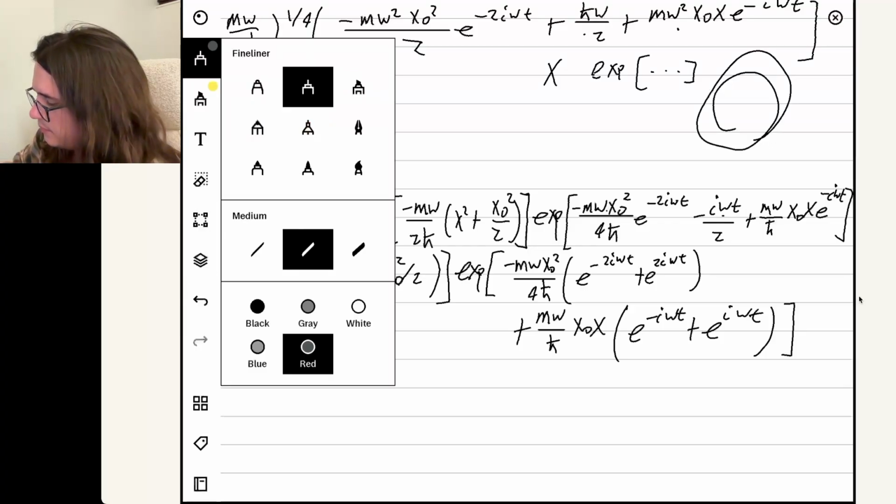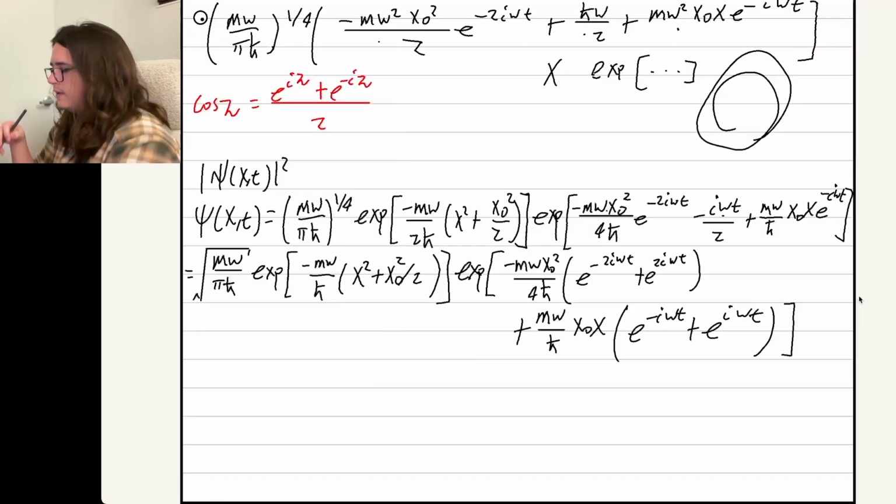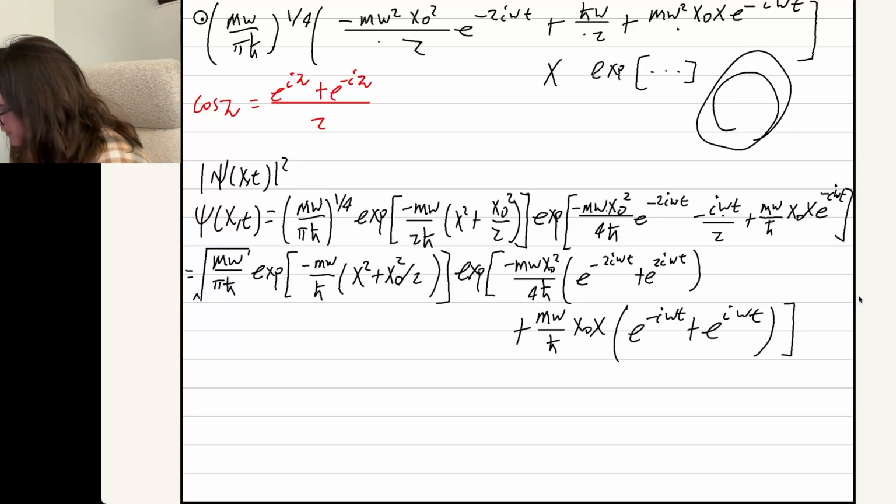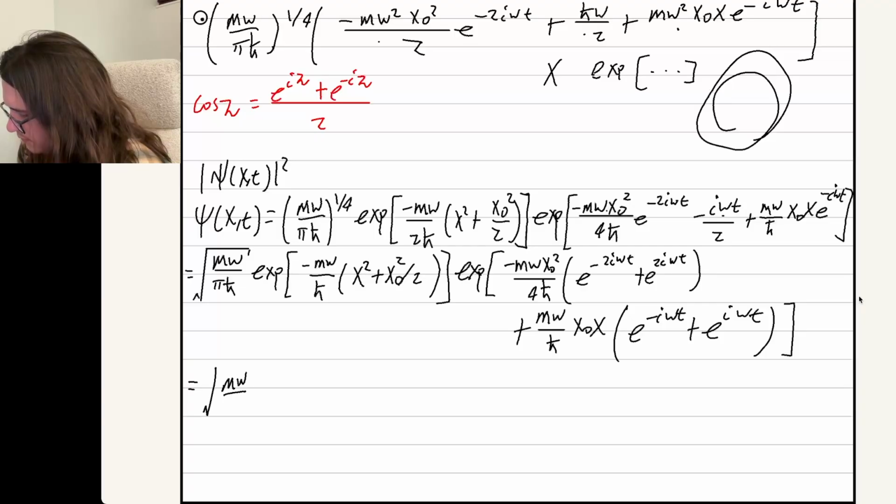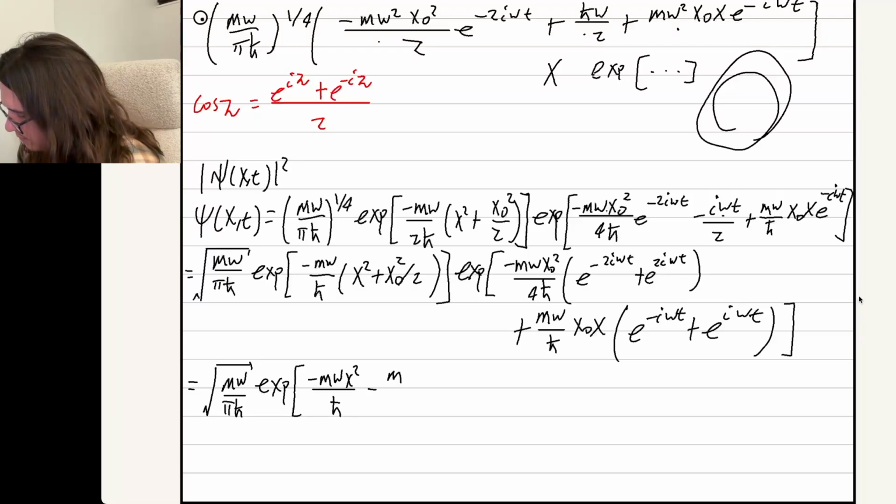So then let's just rewrite a bunch of this stuff as cosines and sines, right? And also I'm gonna go ahead and start simplifying this real exponent, because it's minus m omega x squared over h bar minus m omega x naught squared over 2h bar.